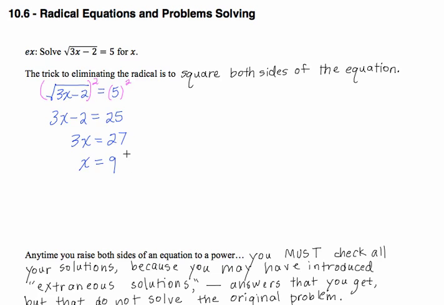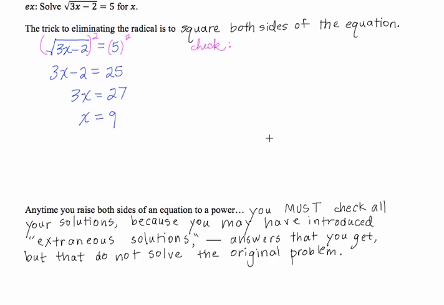Now don't immediately circle your answer. When you're solving radical equations, you're effectively multiplying both sides of the equation by a variable, because you're squaring them. Anytime you multiply both sides of an equation by a variable, or square or cube both sides of an equation, you must check your answers, because you might accidentally introduce what are called extraneous solutions.